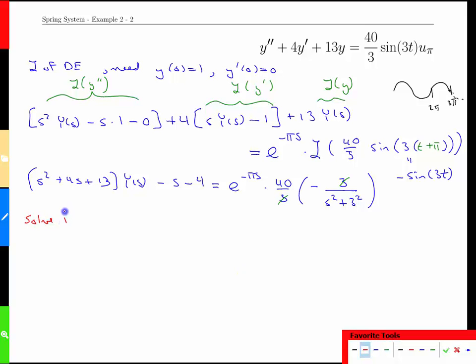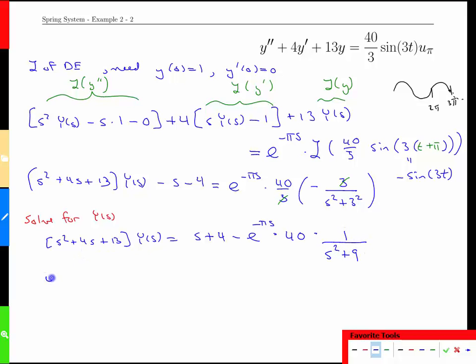We keep going with our goal of solving for y of s. First off, let's keep the multiplier on the left and simply move the s and the 4 over. So we'll have s plus 4 minus e to the minus pi s times 41 over s squared plus 9.